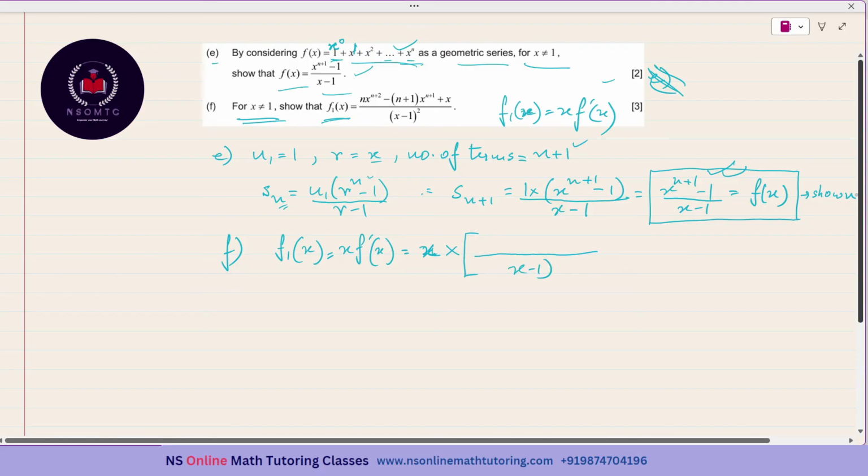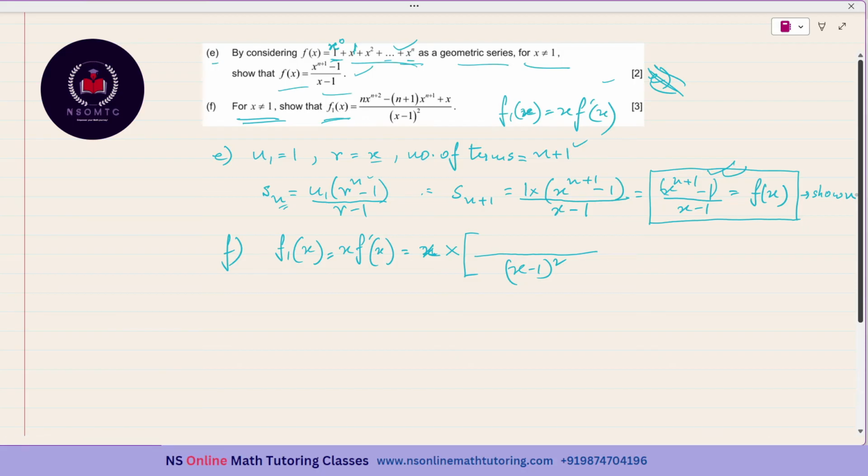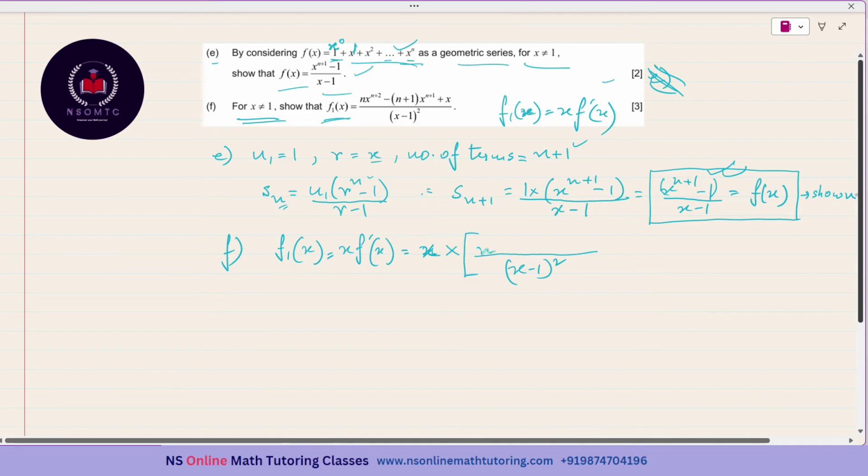x minus 1 whole square. First of all, the numerator gets differentiated. The derivative of minus 1 will be equal to 0. The derivative of x to the power of n plus 1 will be n plus 1 times x to the power of n plus 1 minus 1, which is n, and times by the denominator.